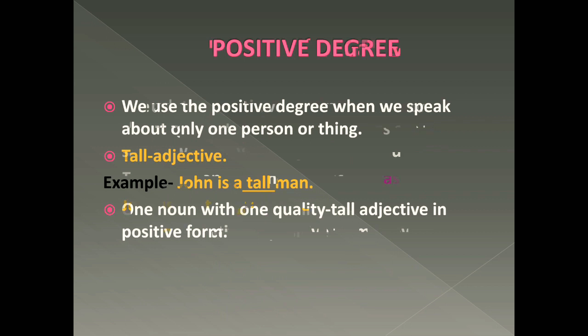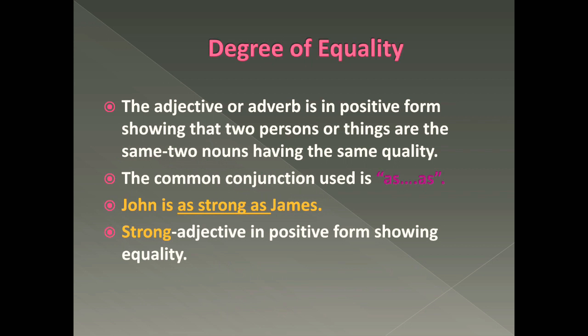Degree of equality. We use positive degree in case of degree of equality. The adjective or adverb is in positive form, showing that two persons or things are the same, to nouns having the same quality.